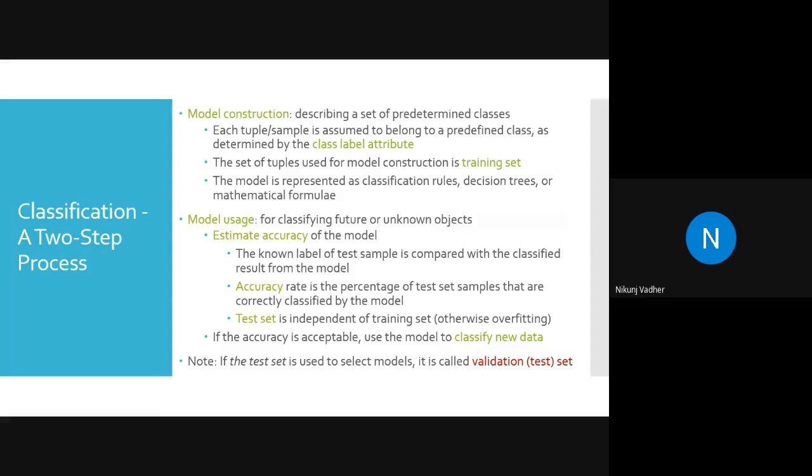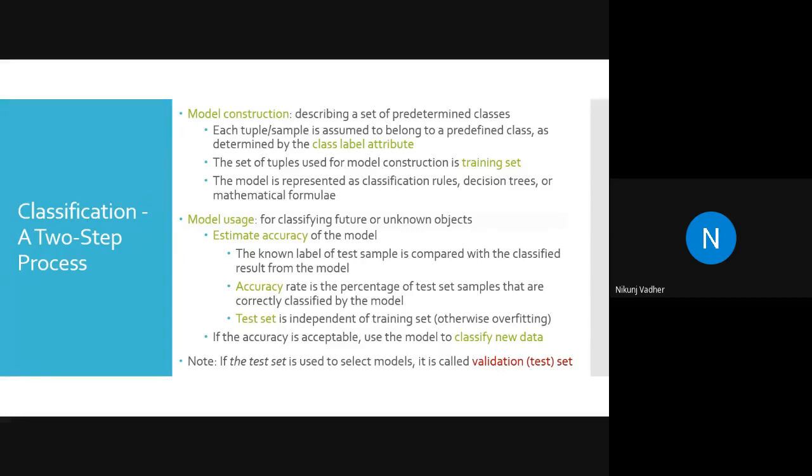For example, if we are using a neural network, it will give us the set of weights from the input layer to the output layer. If we are using a support vector classifier, it will give us an optimized pair of support vectors, or you can say the equation of the line, the hyperplane.